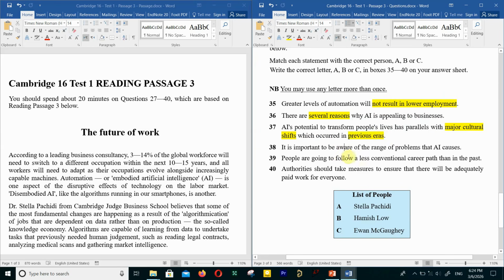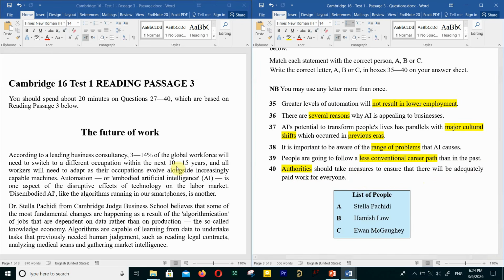It is important to be aware of the range of problems that AI causes. People are going to follow a less conventional career path than in the past. Authorities should take measures to ensure that there will be adequately paid work for everyone. For authorities, it may be paraphrased with something like the governments, for example. So be aware of that.